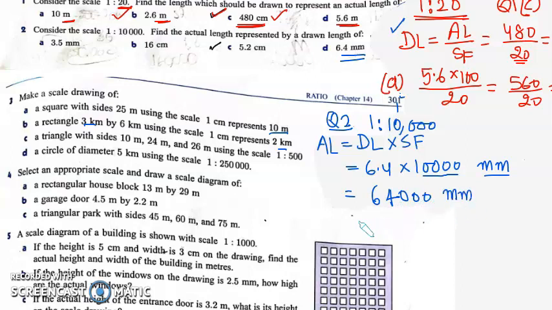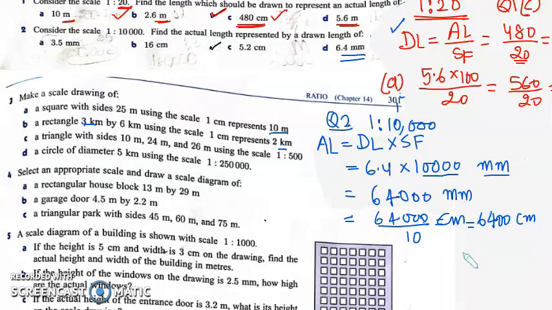Now 64,000 millimeter, we should change it into a bigger unit. If we divide by 10, you get the centimeter. So 64,000 divided by 10, you get the answer in centimeter, which is equal to 6,400 centimeter.